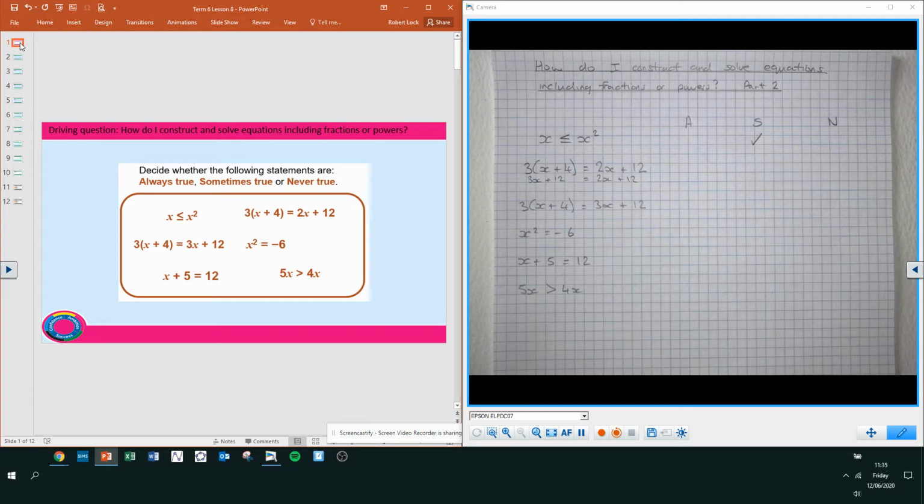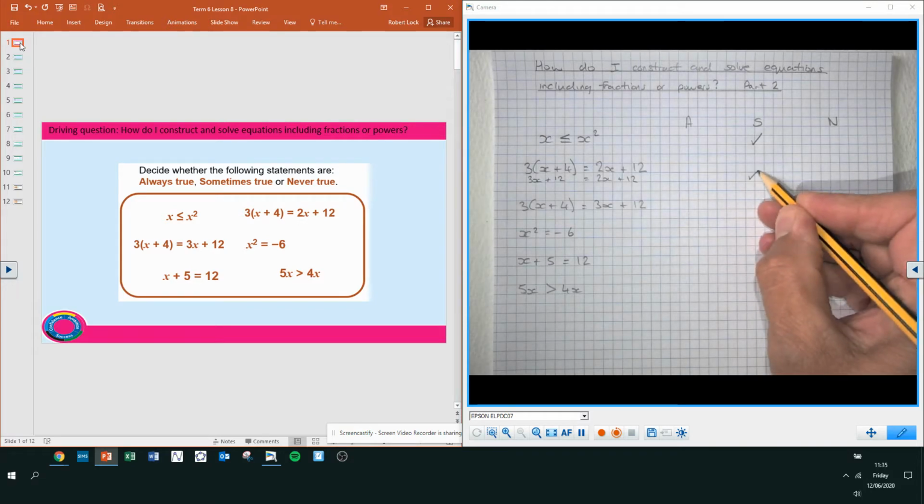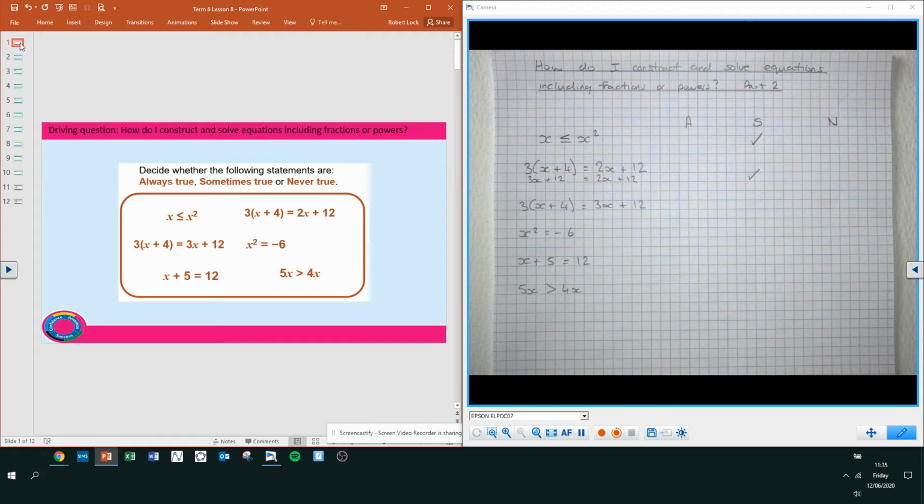Would it ever be true? Yes, it would be true if x is 0. If x is 0, 3 times 0 is 0, plus 12 equals 2 times 0, which is 0, plus 12. So we end up with 12 equals 12. So it's sometimes true, only when x is 0.